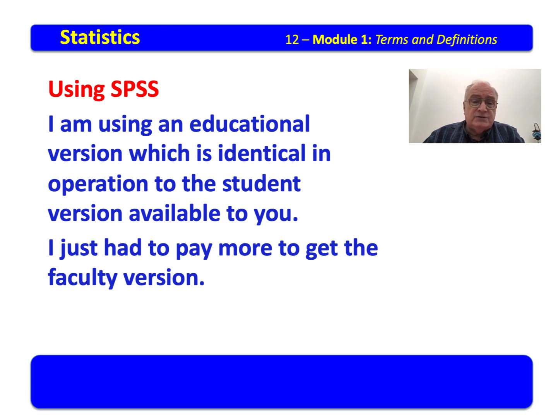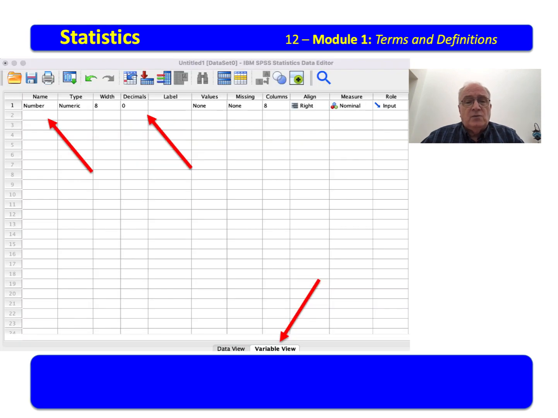It is the exact same software that I pay $500 as a faculty member to have an annual contract, or that a company pays $3,500 to have an annual contract with. I just had to pay more because I'm a faculty and they like sticking it to us. If you buy it through IBM, you will need a copy of your student ID. You have to send that in, they verify you're a student, and then you can rock.